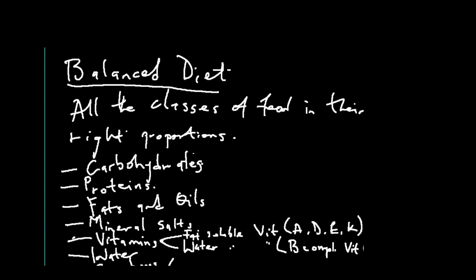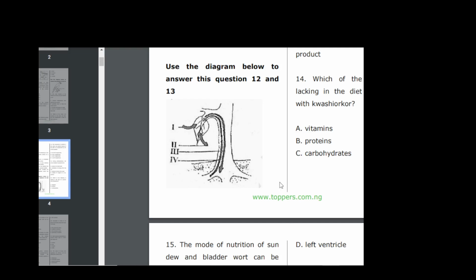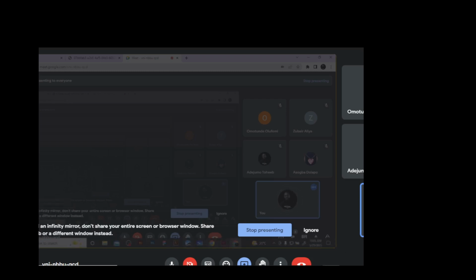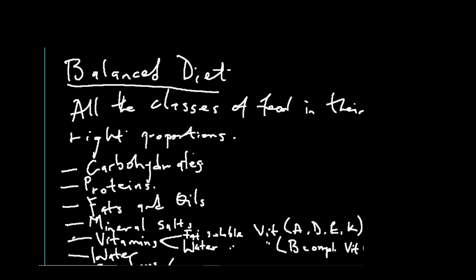That is another example of the classes of food that we have. Are we together?